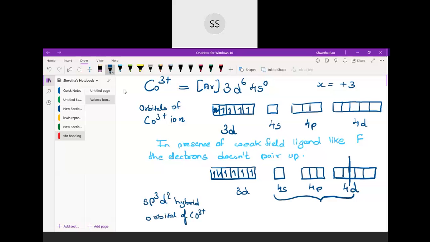This is for the Co3+ ion. And then you keep the 3d orbitals as they are. The ones which we have taken for hybridization, we will mix together. So here you can just write sp3d2 hybrid orbital.